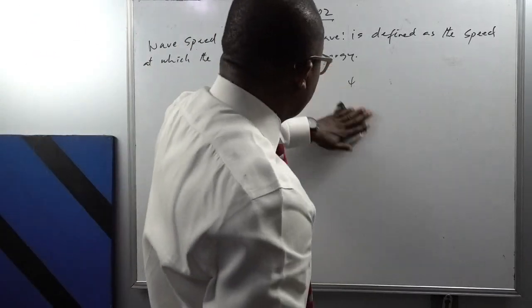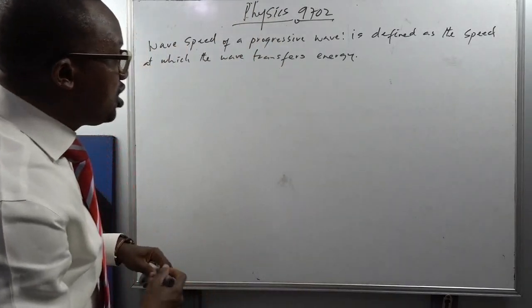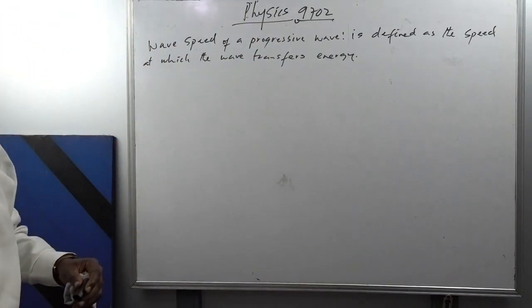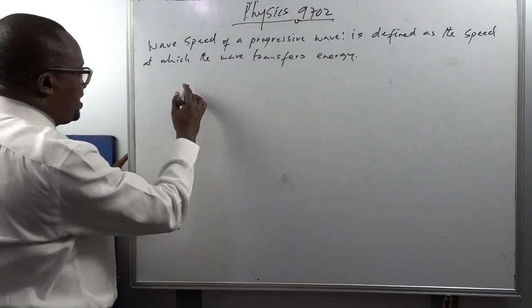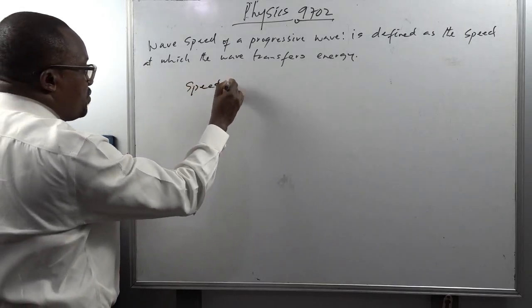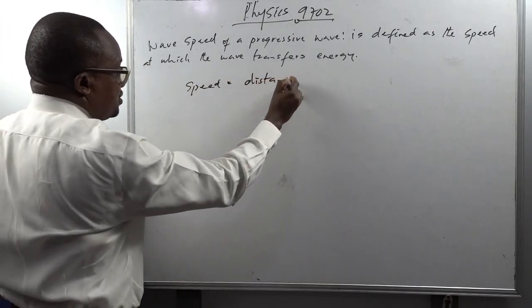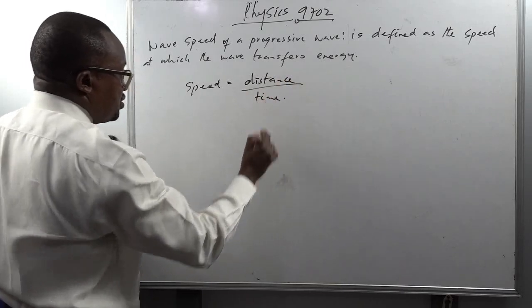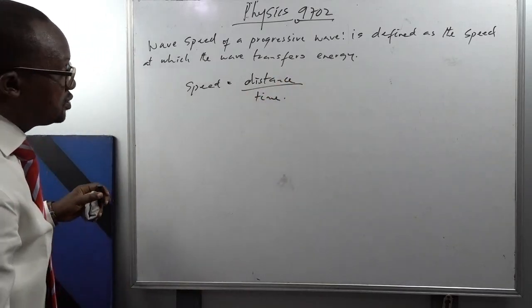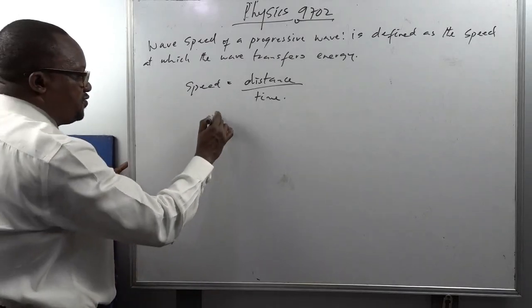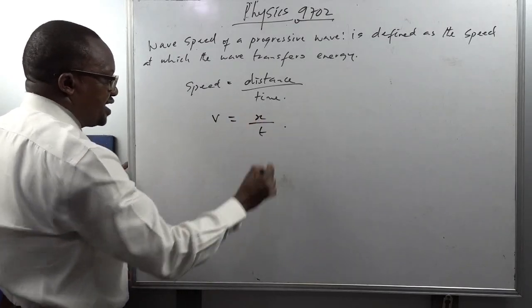Now, since you know that the wave is moving at a constant speed, we can say that the speed will be the distance covered over time. So I can say that the speed v is distance covered x over time.